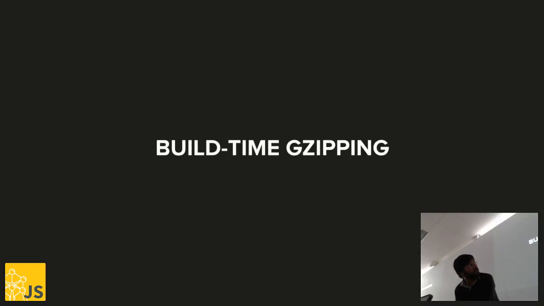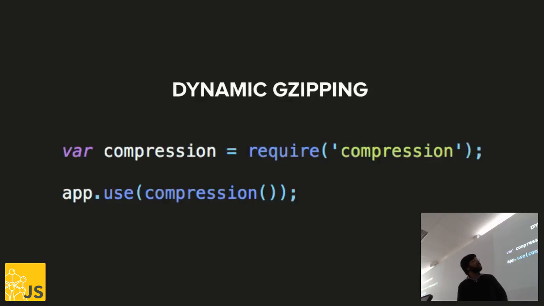Next, you have build time gzipping. We obviously know that our assets need to be minified and gzipped before sending them out to the client. But how do we do this? What is build time gzipping? If you use Express, you might be using the compression middleware. You simply install it, require it, and then use it as shown.